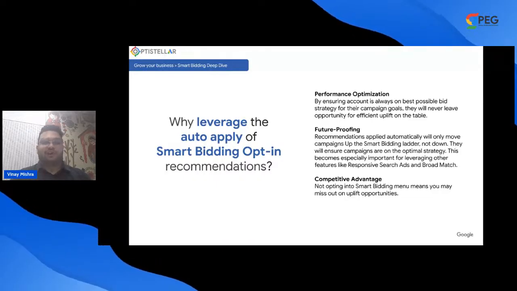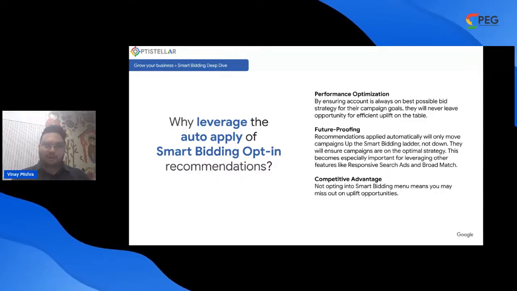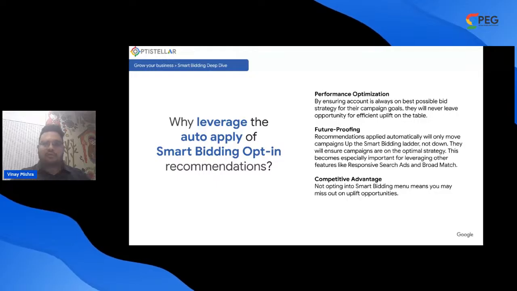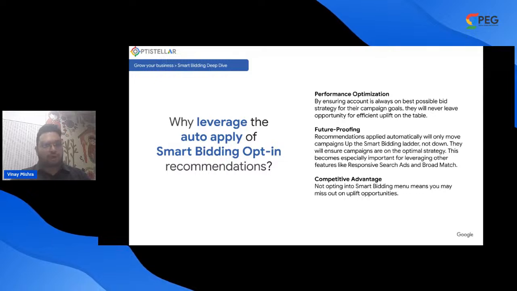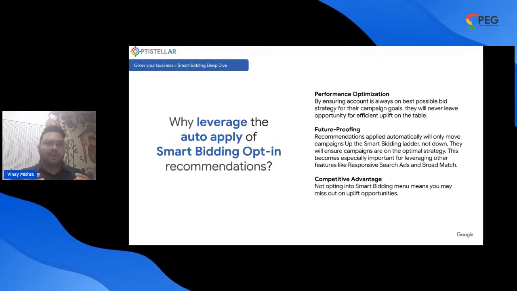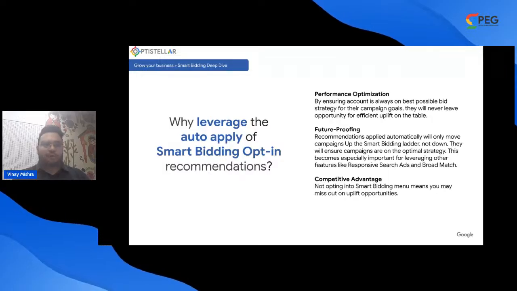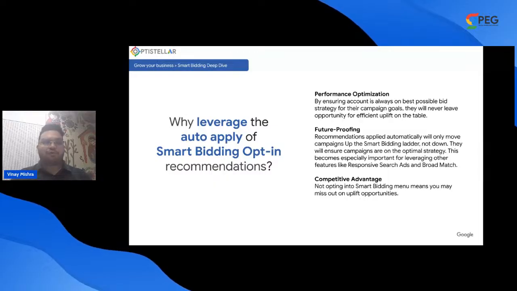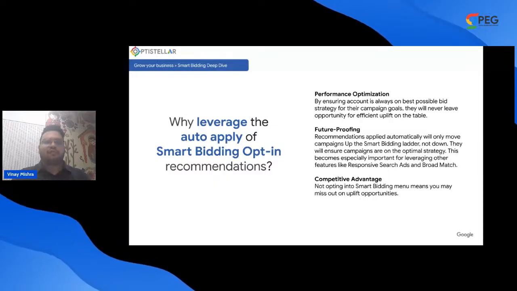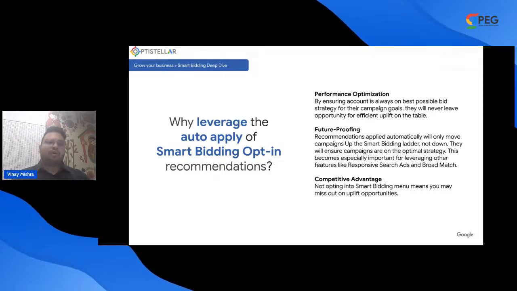It is also helping you efficiently uplift your position in the table in terms of your competitors, and in terms of how you're driving results for your business or your clients. It helps you stay on top of your performance optimization and have the best optimization score for your campaign. And as I've mentioned, it is future proofing. In the previous slides, we talked about how auto apply recommendations will help you be ahead of the curve.